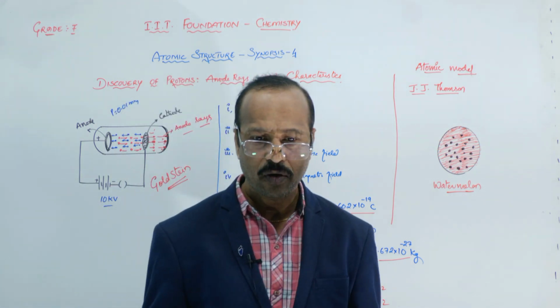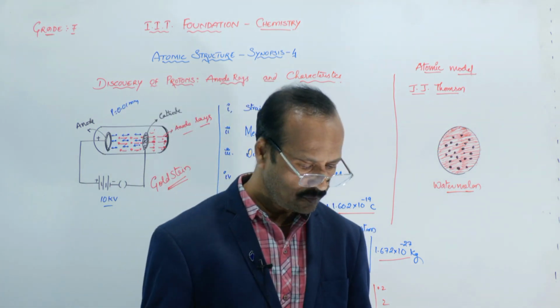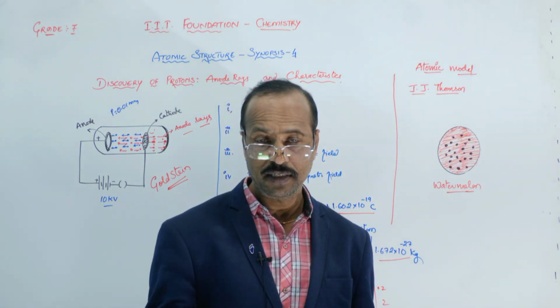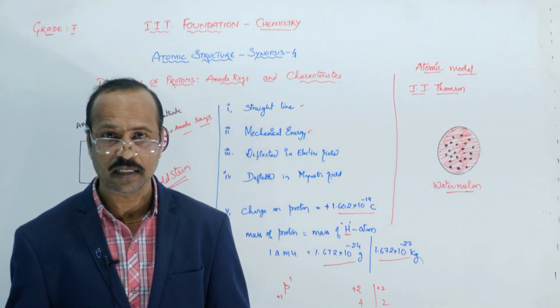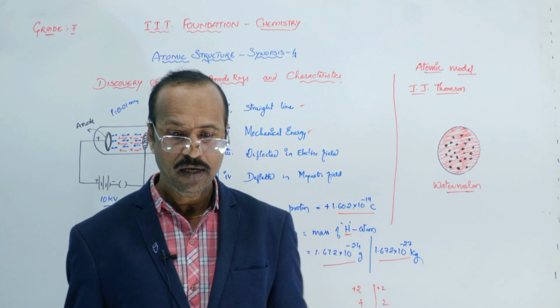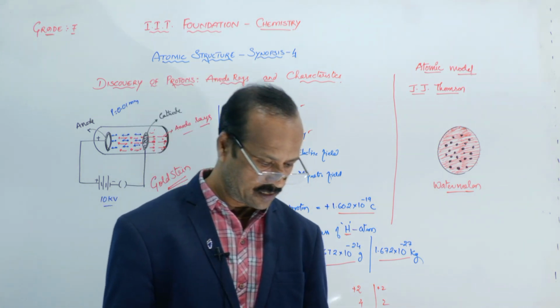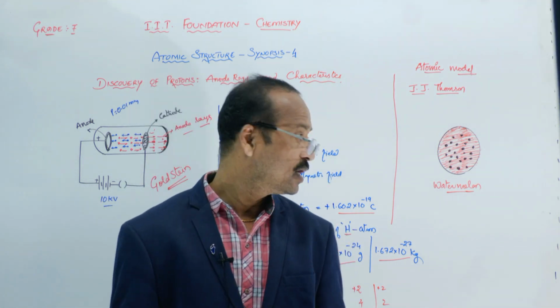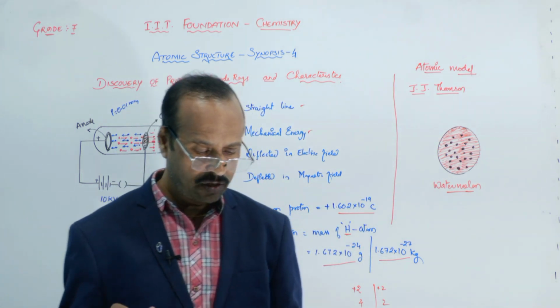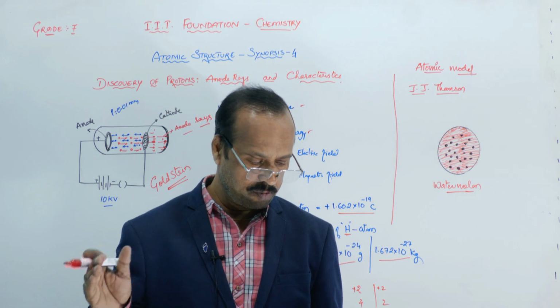Now come to the 10th one here. The fundamental particles present in the nucleus of an atom. In the nucleus, in the center of an atom, what are the particles present? Protons and neutrons are present in the nucleus. Electrons will be revolving around the nucleus, that we see in the next class. Thomson model is also called the watermelon model. And the increasing order of the specific charge of electron, proton, alpha particle and neutron.